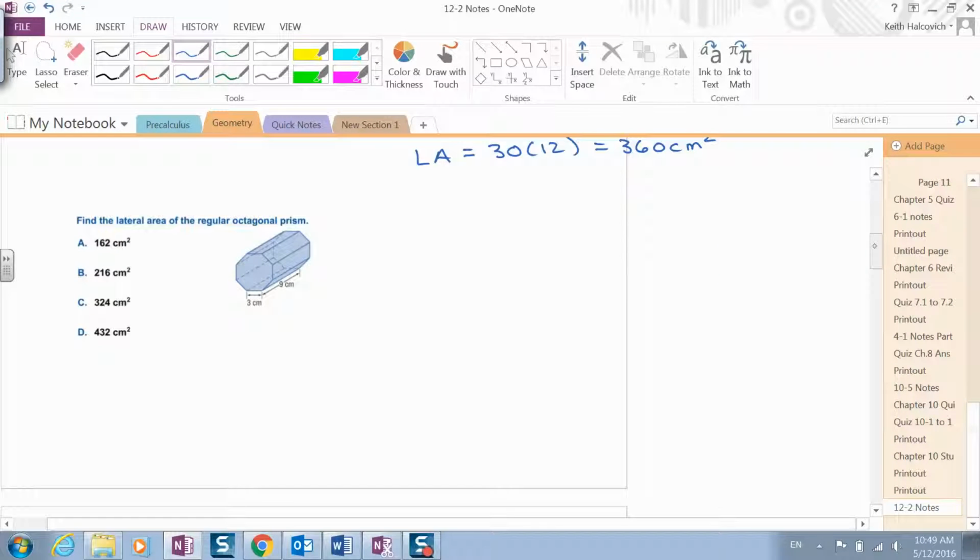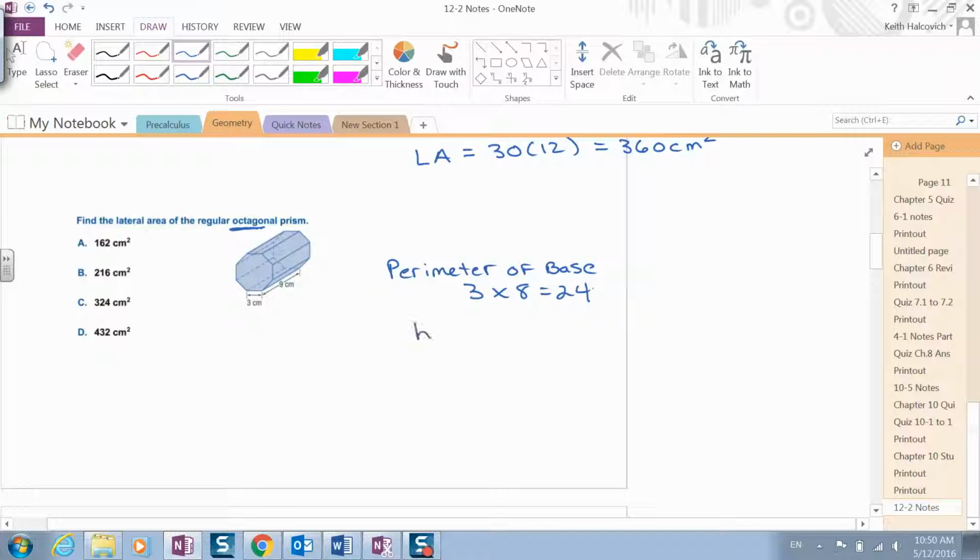So here we have the lateral area of a regular octagonal prism, which means that the bases are octagons. So notice one side of the base is 3, so the perimeter of the base is 3 times 8, which is 24.